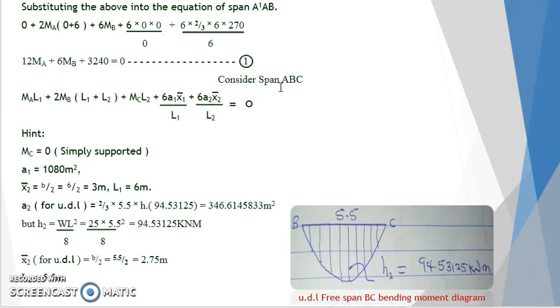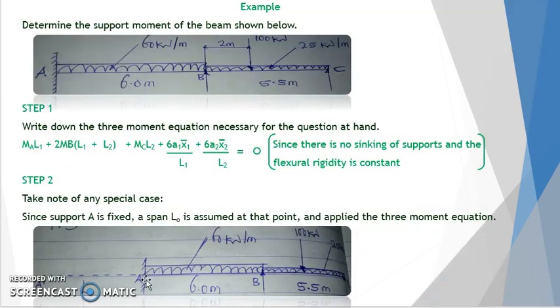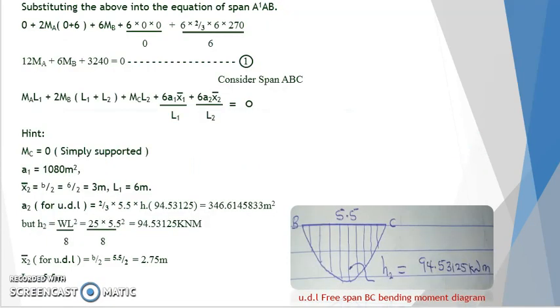Now you consider span ABC. If you consider that, you generate this equation. Then the moment at C is equal to 0, simply supported, therefore it automatically becomes 0. A sub 1, we already got that to be this.